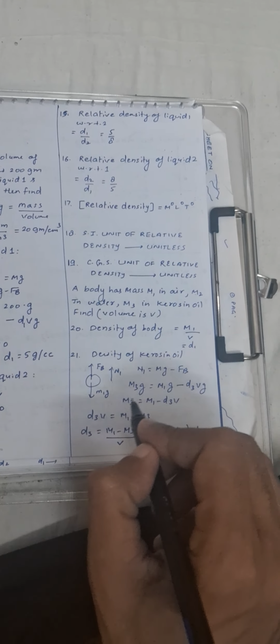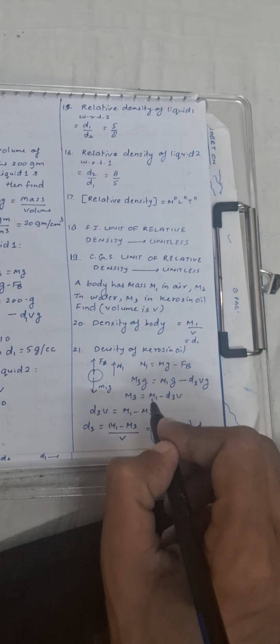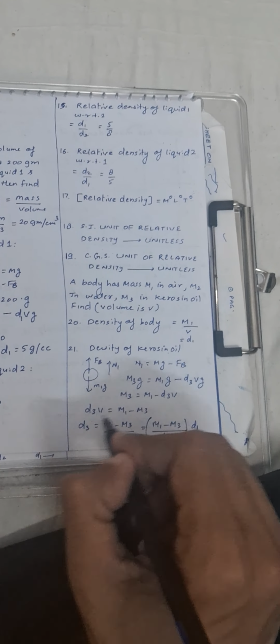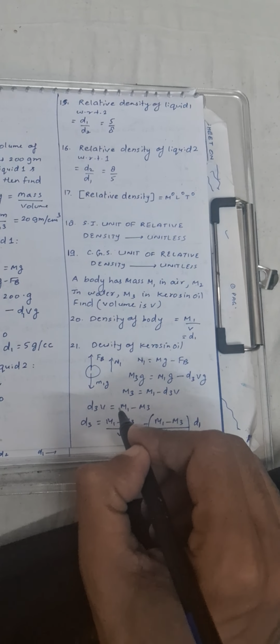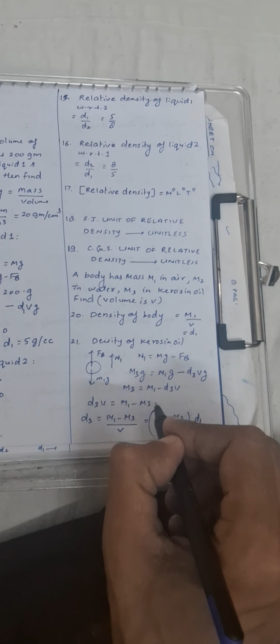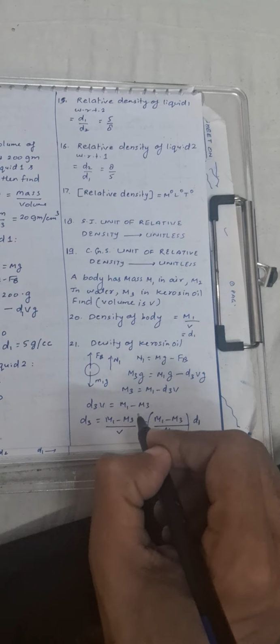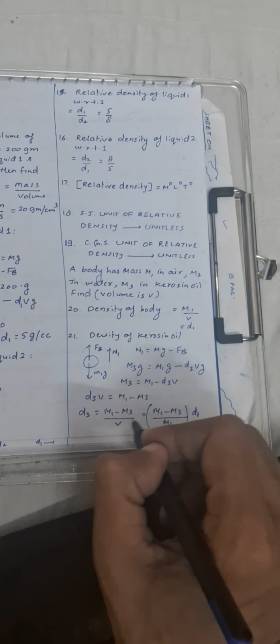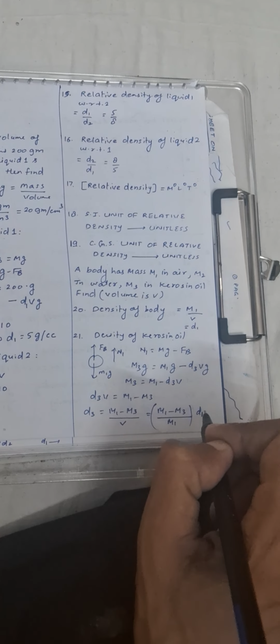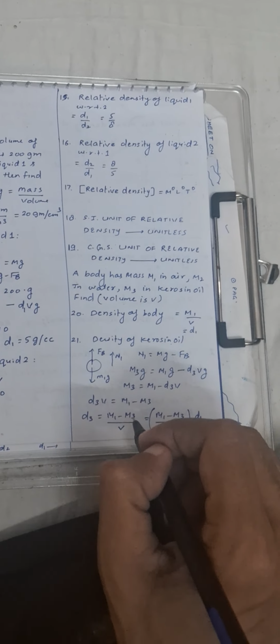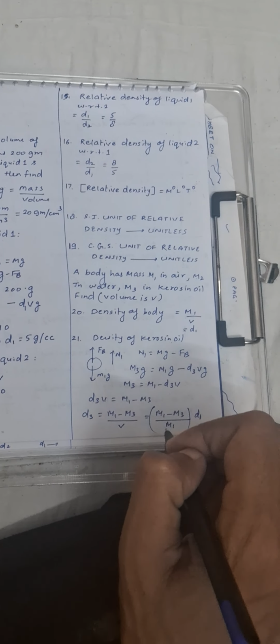Using these equations, we have m3 is m1 minus d3 into V. So d3 into V is m1 minus m3. So d3 is (m1 minus m3) by V. Now V can be written as m1 by d1. So we have density of kerosene oil as (m1 minus m3) by m1 into d1.